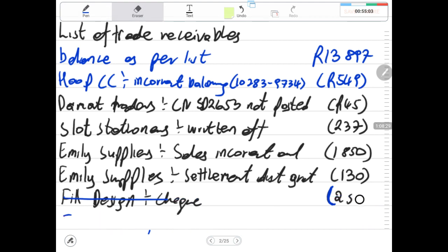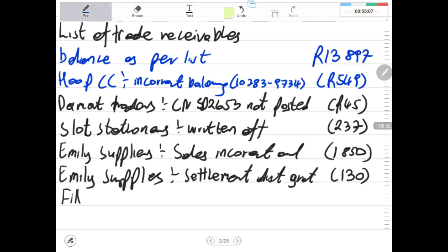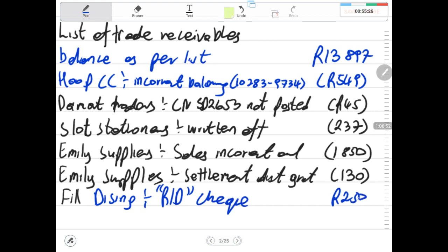So now I just want to erase because I have limited space. In other words, now we are recording Field Design, the reversal. Field Design, and we are saying RD check. How much? 250.